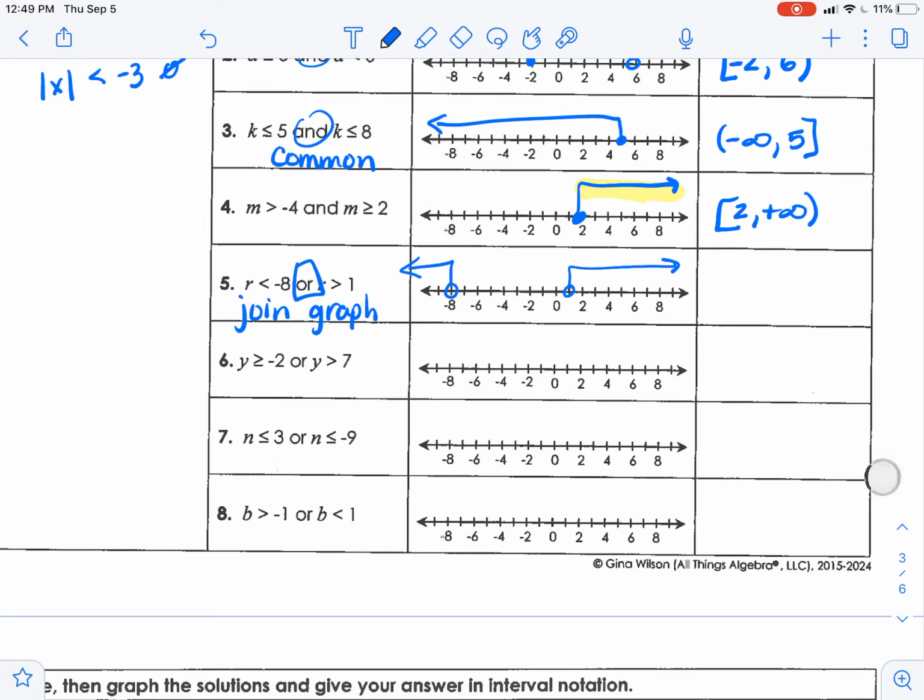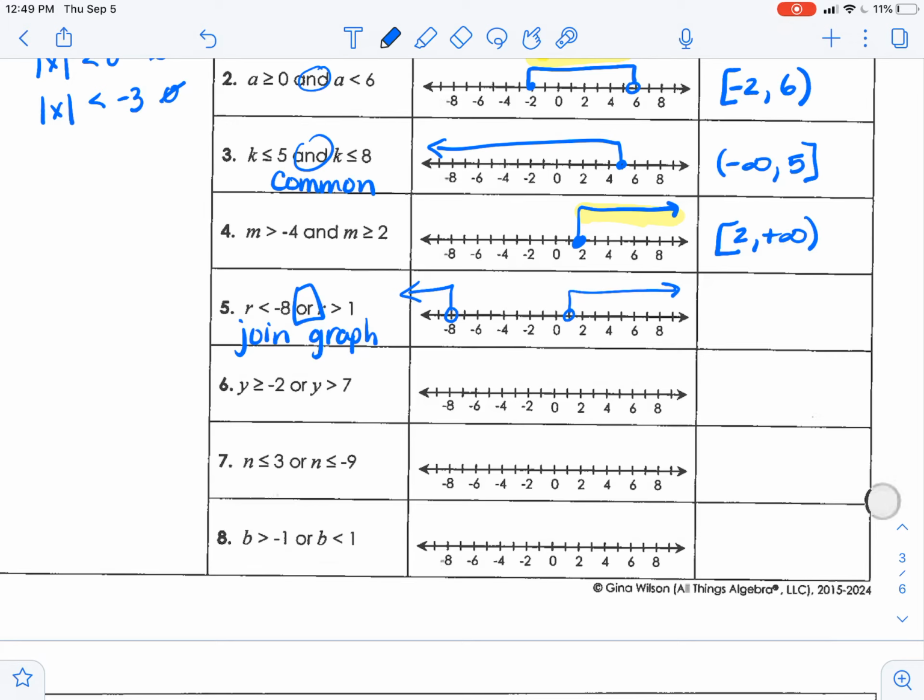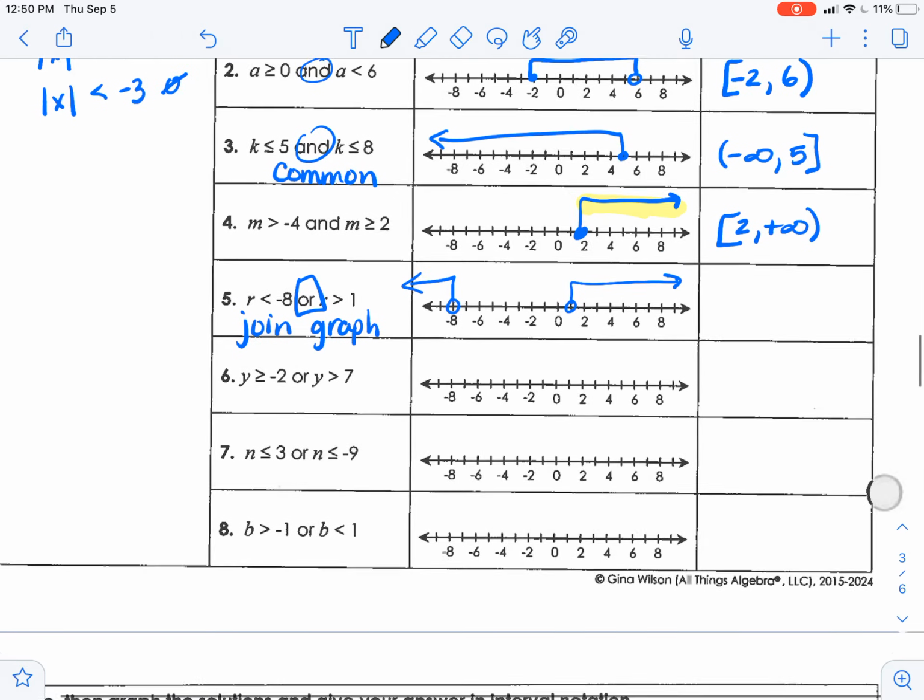In other words, whatever is graphed is the answer. So with an or, this is your answer, because it could be less than negative 8, or it could be greater than 1. Kind of go back to our free admission earlier. How do I write it in interval notation again?